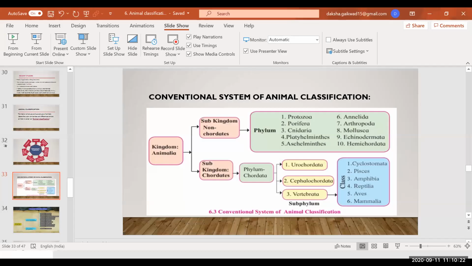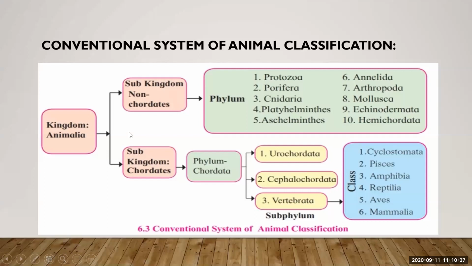This was all about how the plants were classified in previous years. In this year we are going to study the classification of animals, because there is a huge diversity among the animals. So here see the conventional system of animal classification, where kingdom Animalia is divided into two subgroups: subkingdom non-chordates and subkingdom chordates.